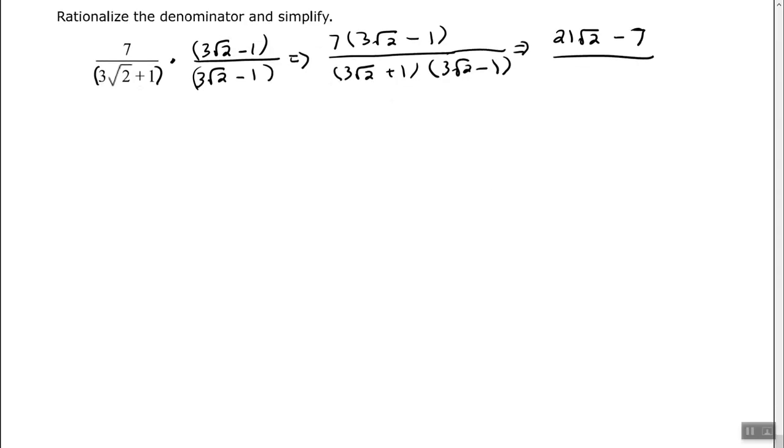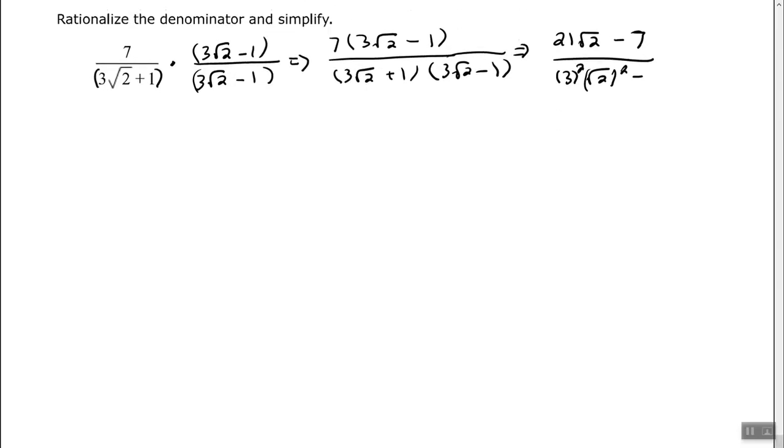And then the first number squared minus the second number squared. So 3 times the square root of 2 squared. I'm going to write it like you would normally see it, but you know that you're going to have to square each one of those. So 3 times the square root of 2 squared minus 1 squared.